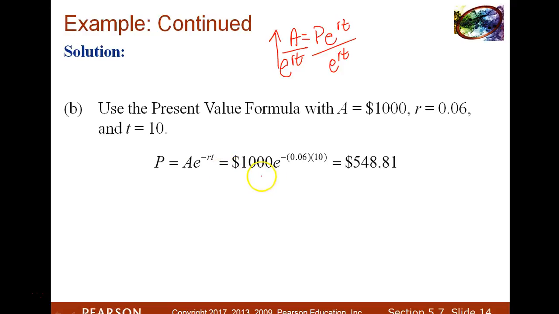And so 1,000 e raised to the negative 0.06 times 10, and you can put your negative inside of the formula either on the 0.06 or on the 10, and you would need to come up with a little bit more given that the interest rate is a little bit lower than it was on the other problem.